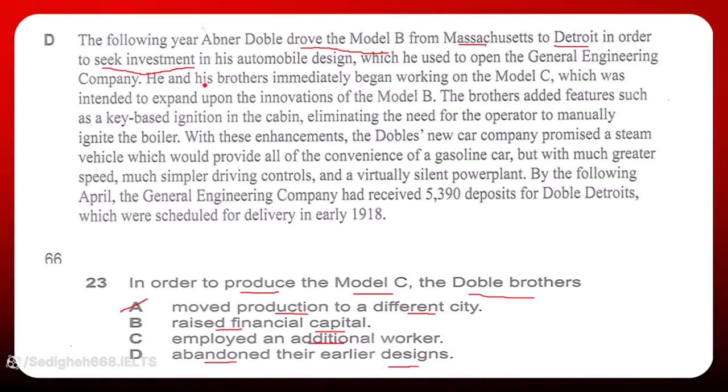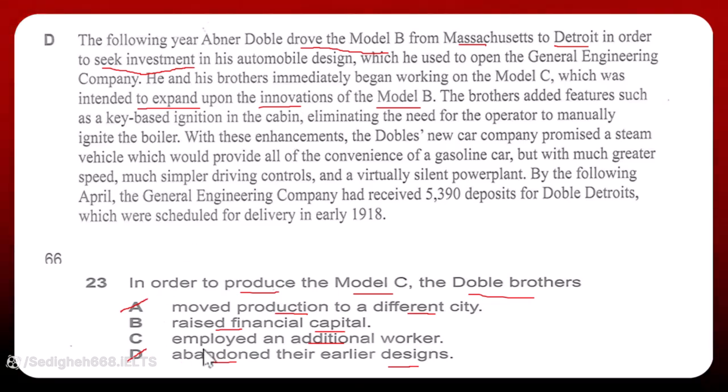He and his brothers immediately began working on Model C, which was intended to expand upon the innovations of Model B. So here for the letter D, we can see abandon their earlier design. So it was not abandoning the earlier design, and it was expanding it upon the new innovations.